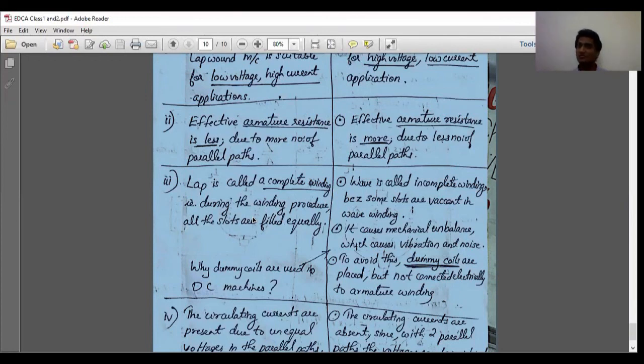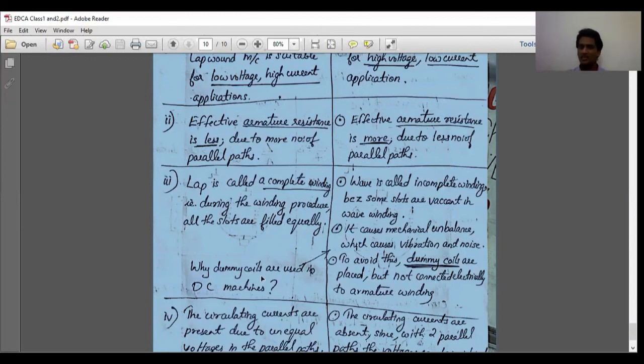So what is the use of these dummy coils? Dummy itself, it is clear. It does not have any use, but it is just kept for mechanical balance. It does not have any role on the electrical side, and it is not connected electrically, but it is just kept to get a mechanical balance. Vacant slots are filled with the dummy coils.